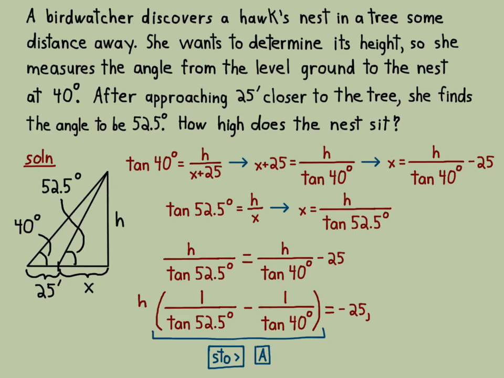I would use this little store, that's short for storage, with the arrow. It means you're going to store, and then you use the green button, and then the letter A, so you're just storing it in memory A. And then when you type it out to compute it, you can just write h equals negative 25 over A. And then you don't have to worry about rounding it off too early and getting round-off error.